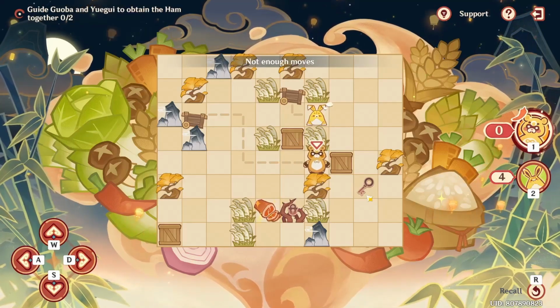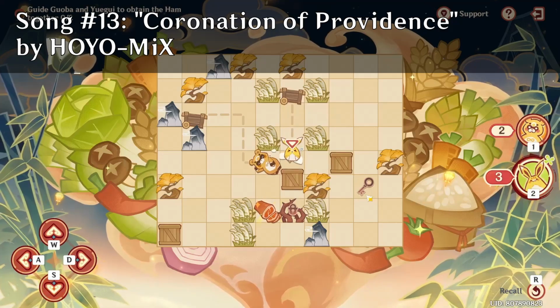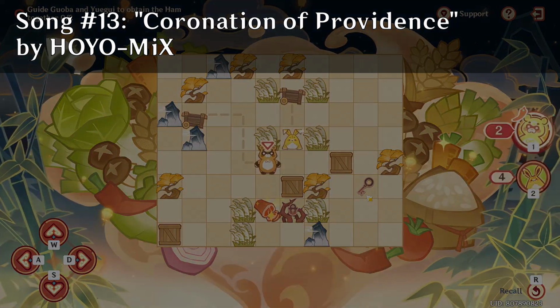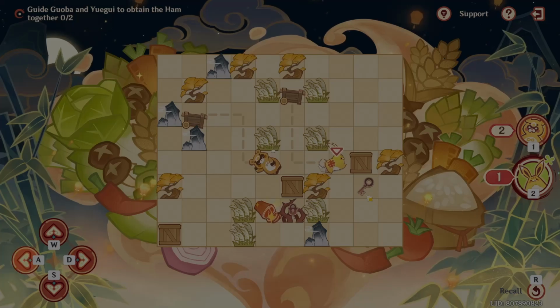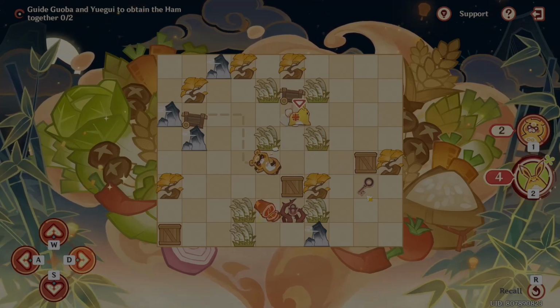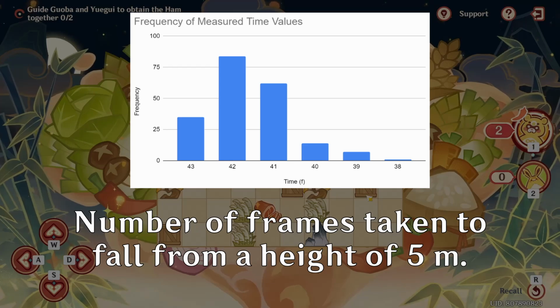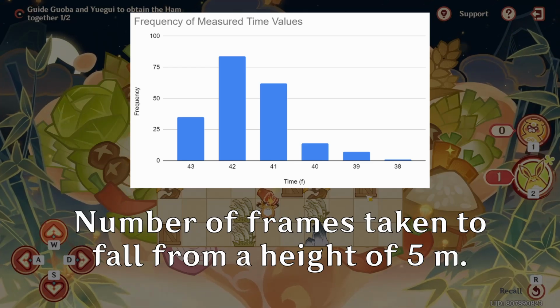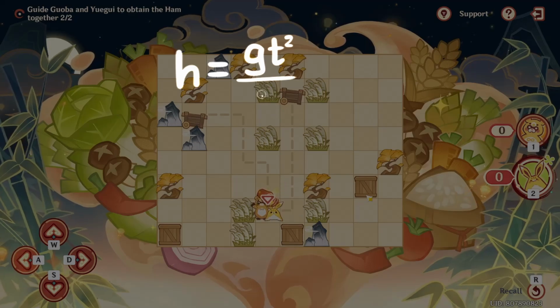I looked back at my original measurement data for the gravitational acceleration to try to make sense of everything. Something that caught my eye is how many frames it took for the player to hit the ground at a height of 5 meters. When looking at it deeper, I got this distribution. For most of my measured times taken to fall 5 meters, it took 42 frames to hit the ground.